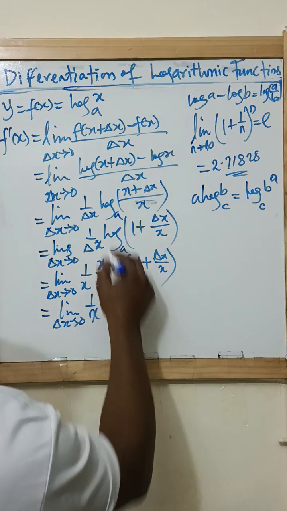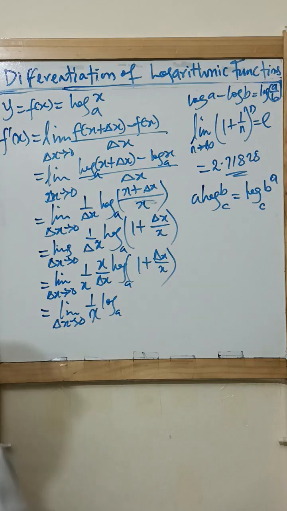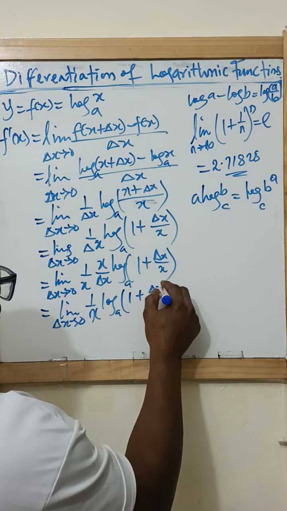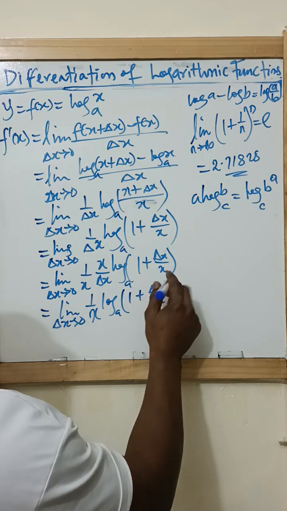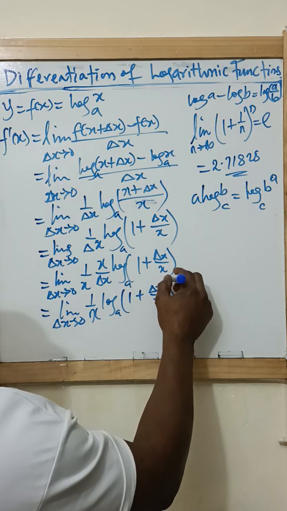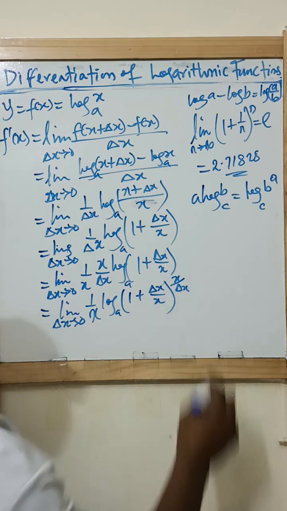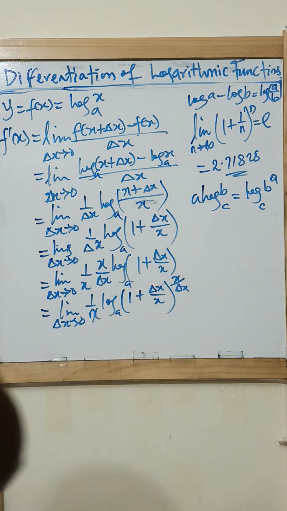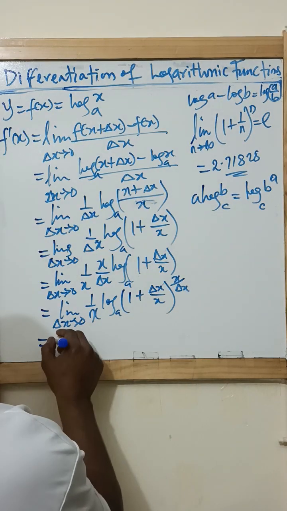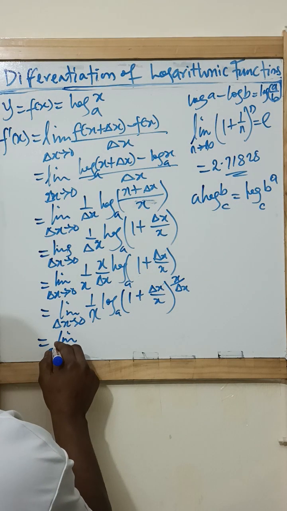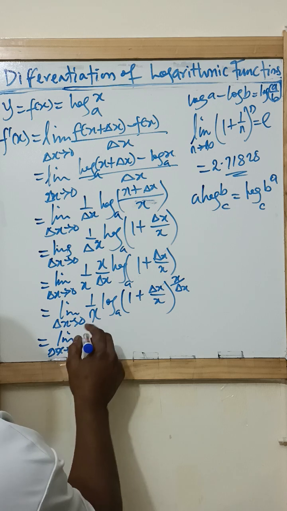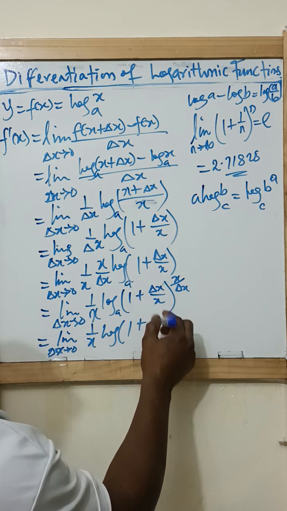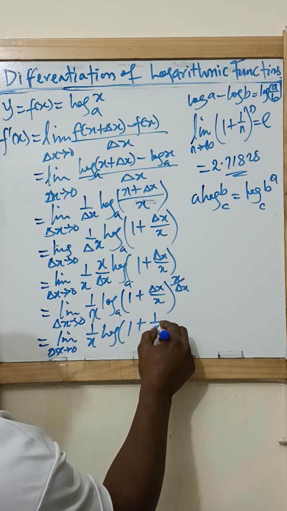So this is going to be 1 plus delta x all over x, then this is raised to x all over delta x. You see that this is the inverse of this, right? So we can rewrite this one as the limit as delta x tends to 0 of 1 over x log 1 plus 1 all over x over delta x, all raised to x over delta x.